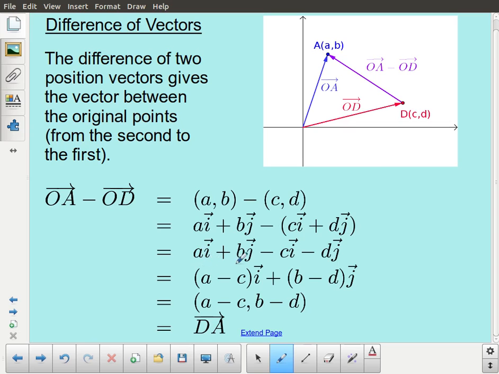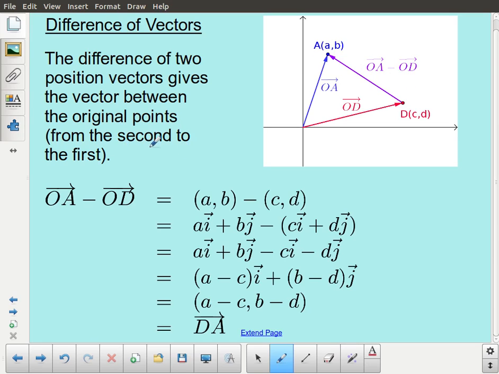With the distributive property, I have minus ci and minus dj. Bring and group those together: the a and the negative c get grouped, the b and the negative d get grouped, and we end up with a minus c, b minus d.